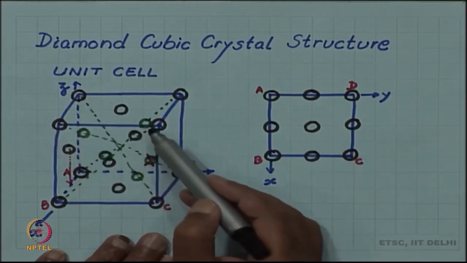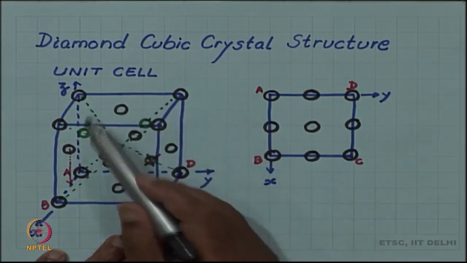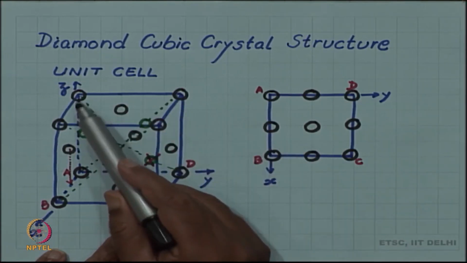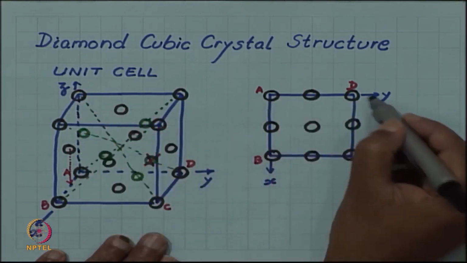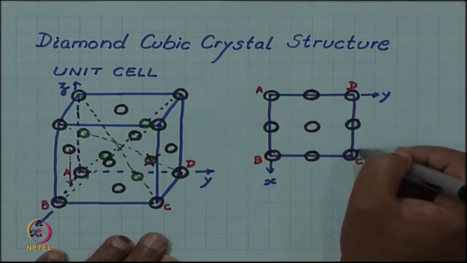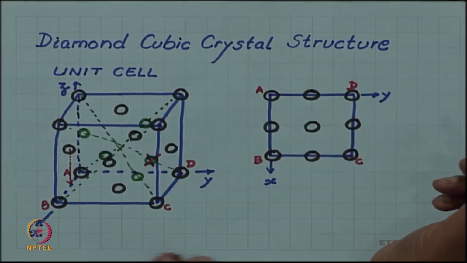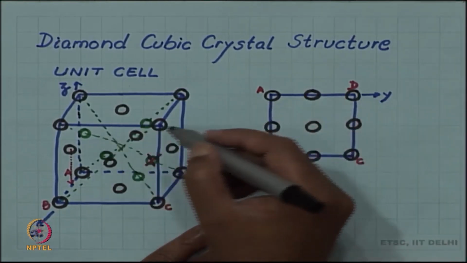Now, the only atoms left are those which are on the body diagonals and on the top face. The top face atoms, when you project, will coincide exactly with the corners and the face center of the bottom face. So, no new locations are generated by that. So, we leave that out.